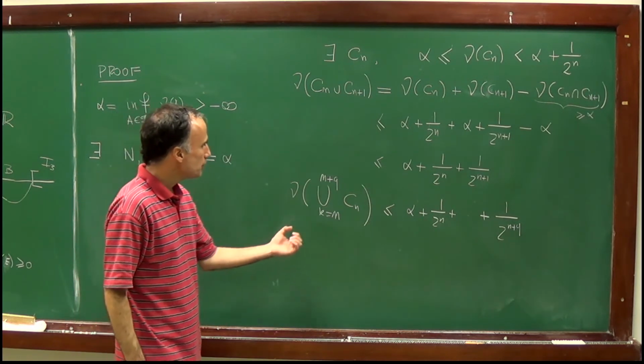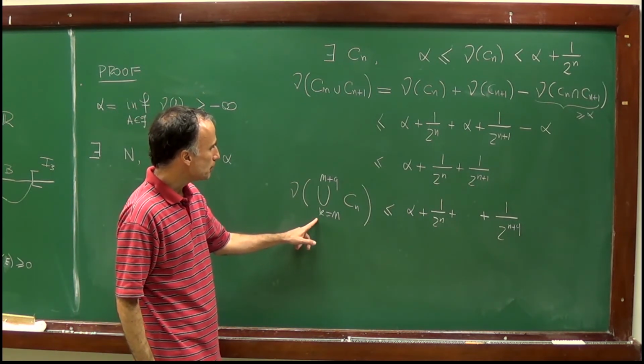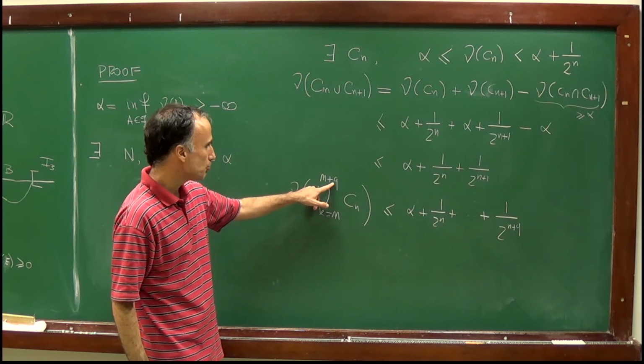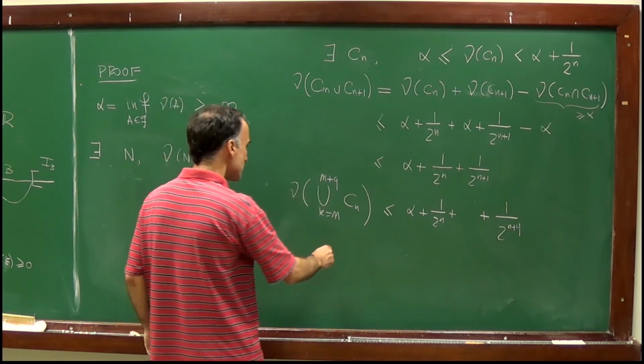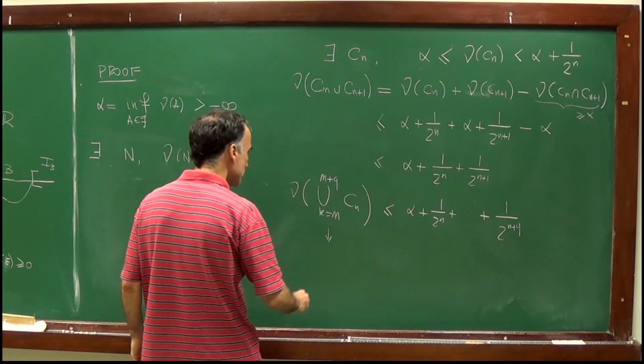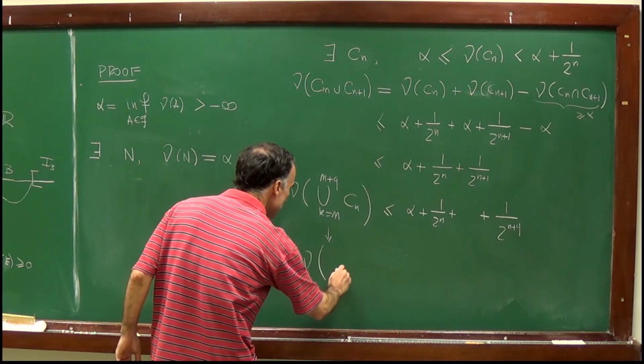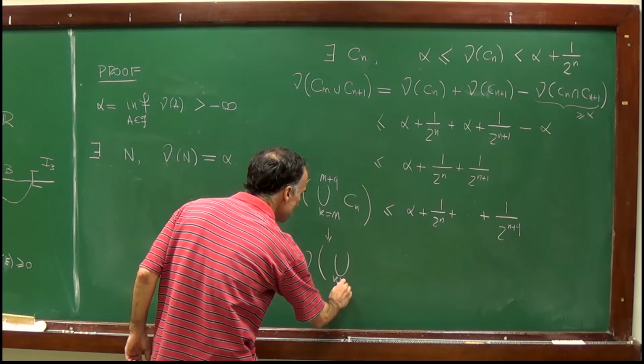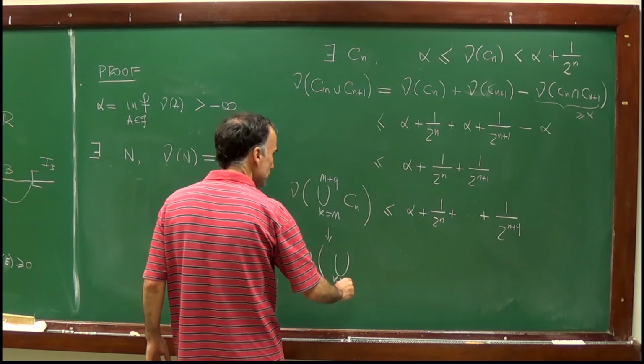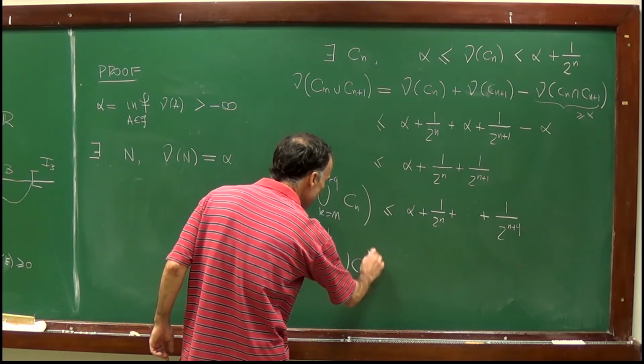And now I will use the continuity from below by sending q to plus infinity. So this set is converging to the set in which I'm taking the union for k larger or equal than n of Ck.